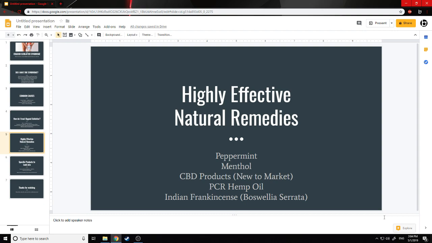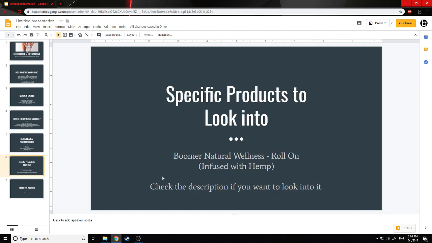Menthol especially really gets down into the muscle tissue, and it can alleviate a lot of your pain pretty rapidly. There are a lot of new CBD products on the market to look into that are highly effective, with hemp oil products as well, and even things like frankincense can be extremely effective when dealing with any types of knee pain, but specifically Osgood Schlatter.